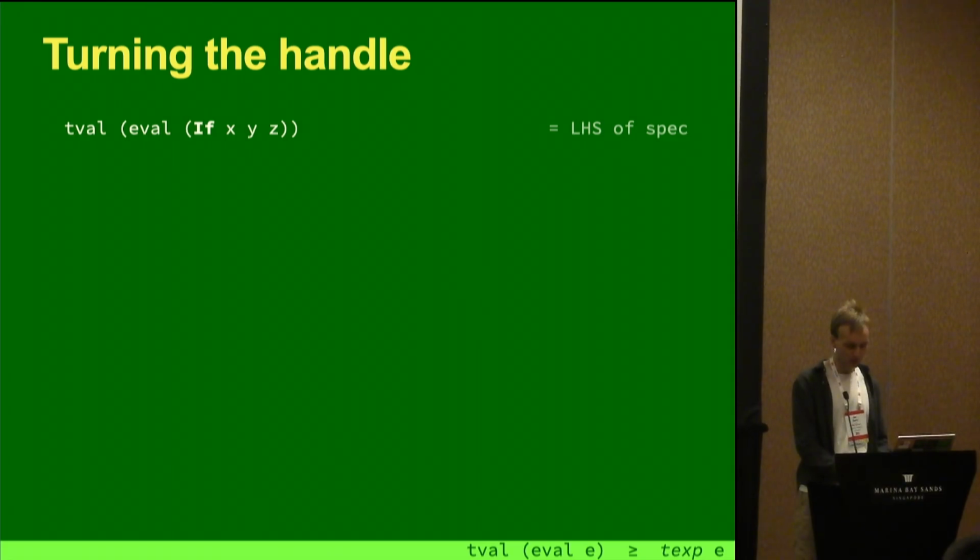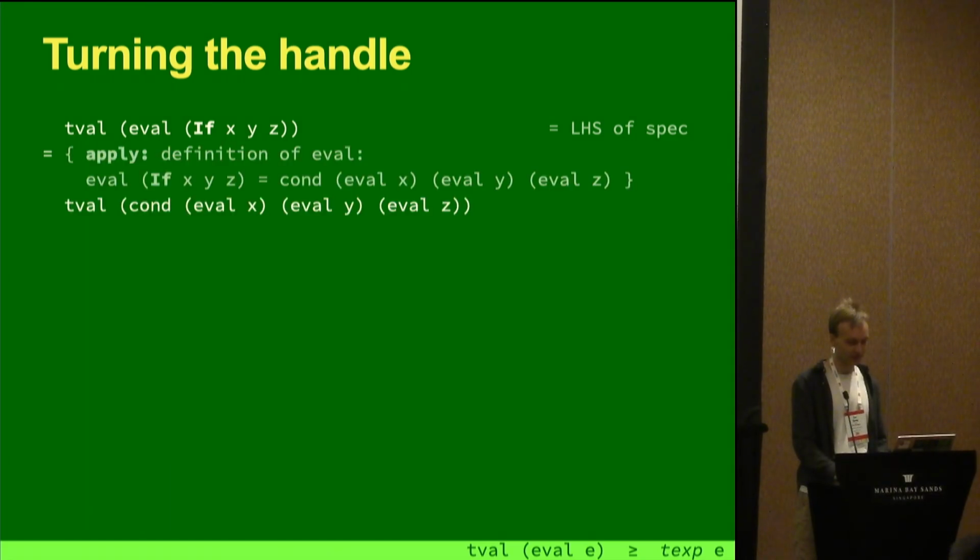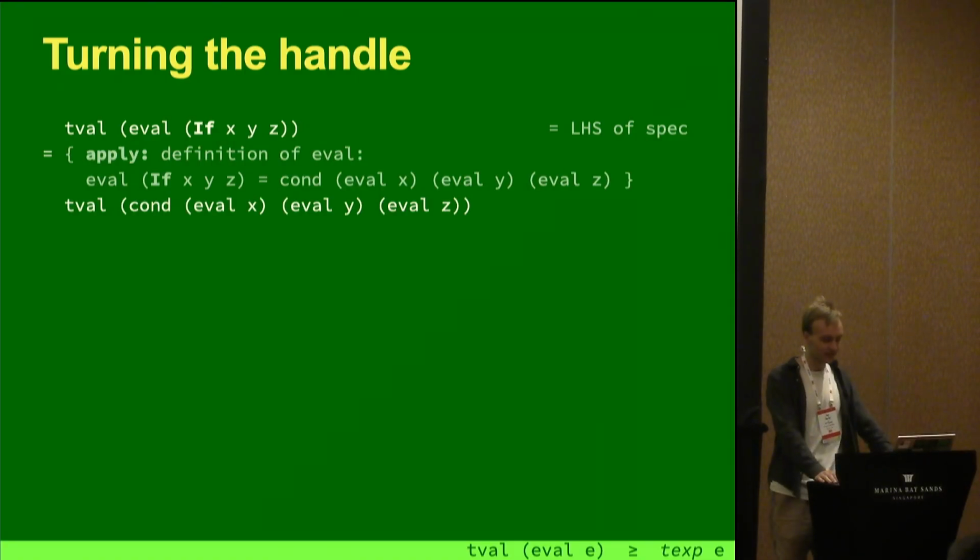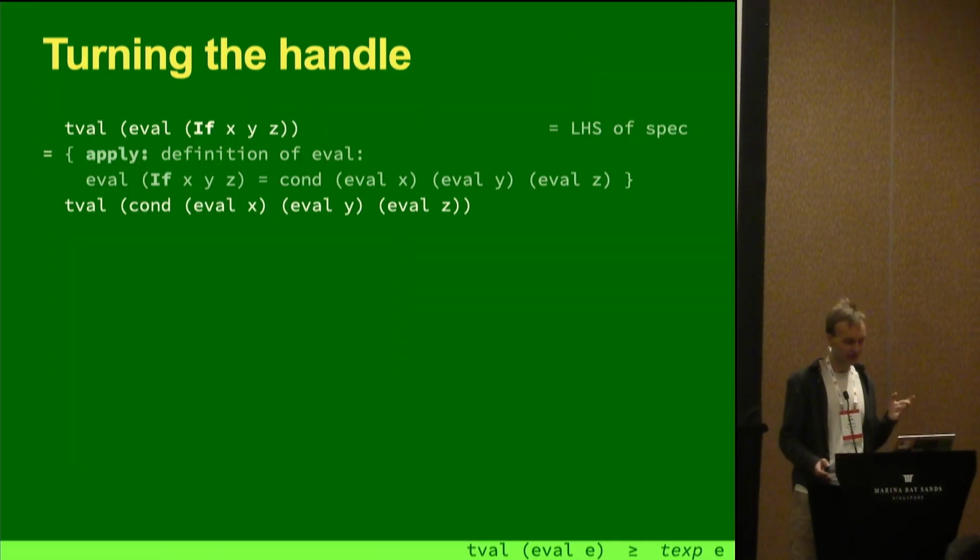So we can firstly apply some definitions here. We know how eval is defined, and this gives us this term here. We really want to be applying induction, and these calculations are primarily driven by this desire to apply induction. In order to do this, we need a tval of eval of something. We need tval and eval touching because this is our induction hypothesis.